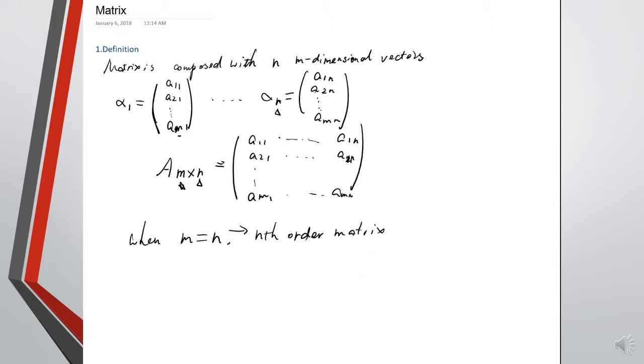So this is the general form of a matrix, and this is the special form of a matrix, the nth order matrix. The nth order matrix is the core matrix we're going to talk about. All right? Alrighty, so we just defined our matrix clearly.